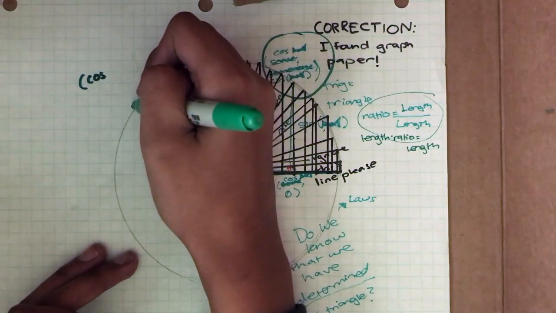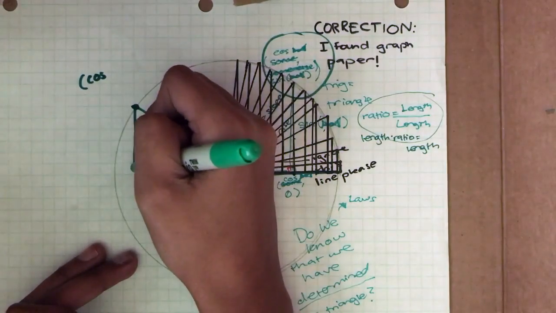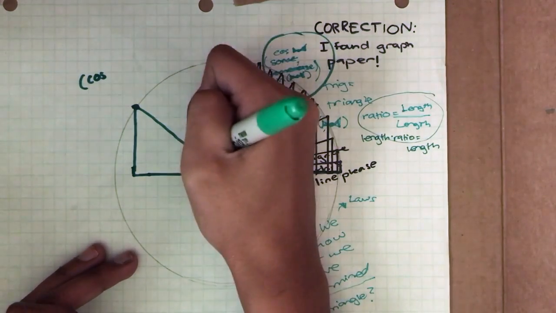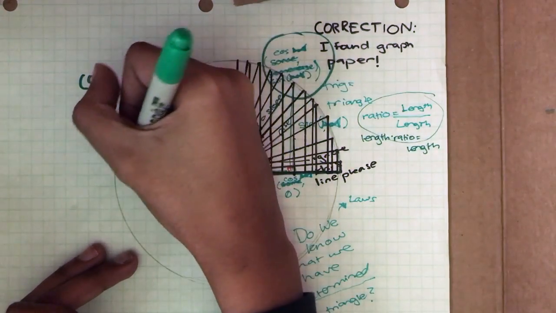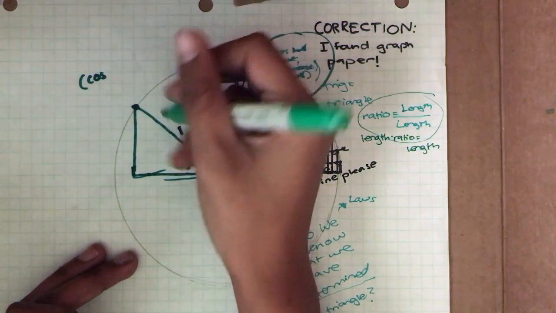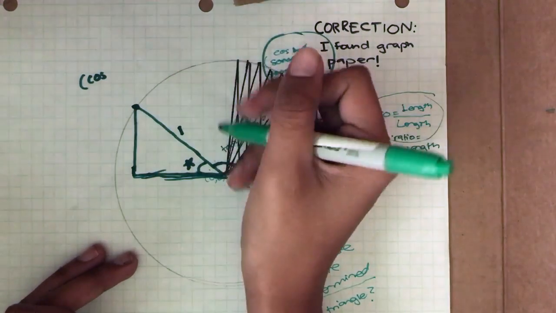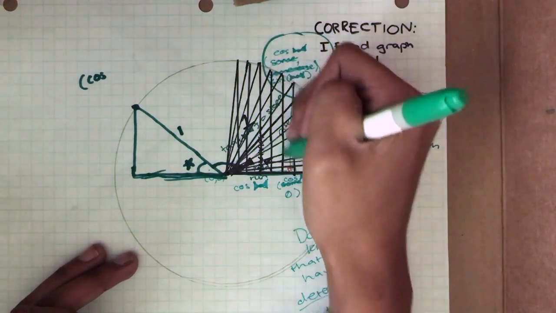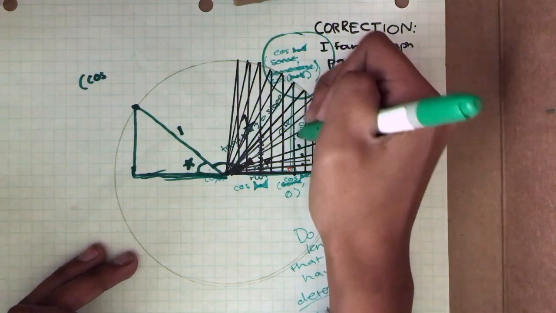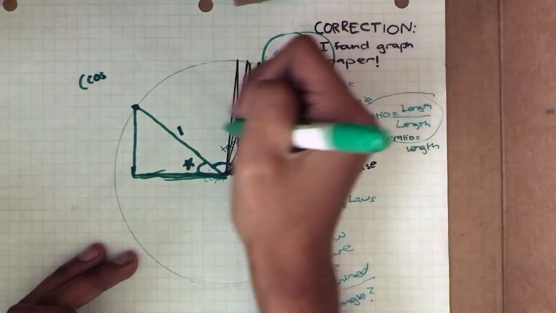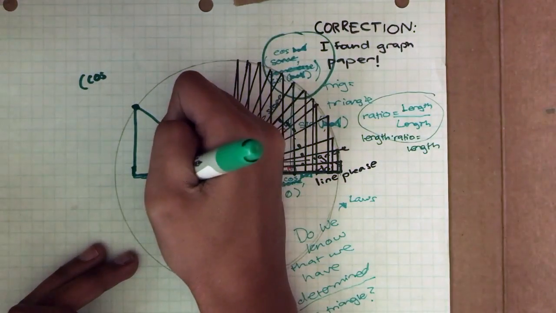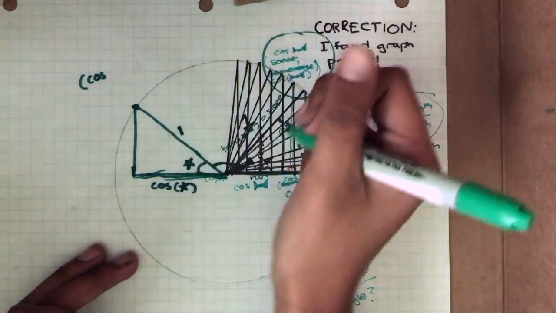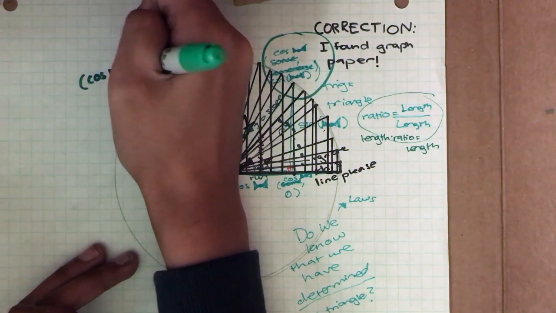Well, no matter where we are, we can draw a small right triangle to the y-axis. And then we can see right here, for example, that the cosine of star is adjacent over hypotenuse. The hypotenuse is still 1. This whole circle has a radius of 1. Can you see why the circle has a radius of 1? It has to do with the triangles that I drew in the first quadrant. Then the adjacent side is going to be the cosine of star.